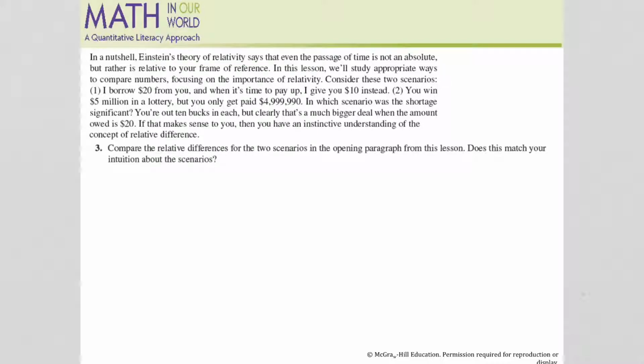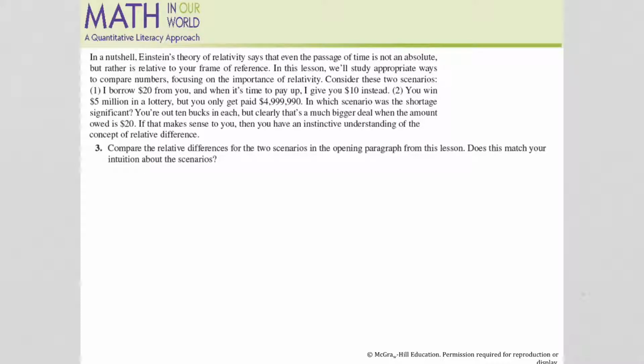So, here's what we've got. It says, in a nutshell, Einstein's theory of relativity says that even the passage of time is not absolute, but rather is relative to your frame of reference. In this lesson, we'll study appropriate ways to compare numbers, focusing on the importance of relativity. Is it relative? Is it significant? Does it mean anything?